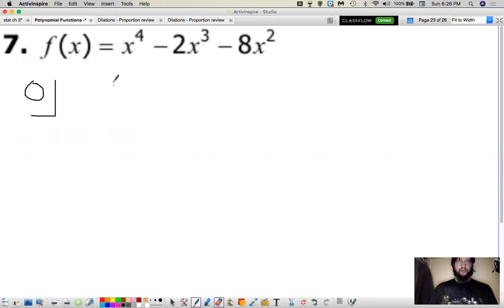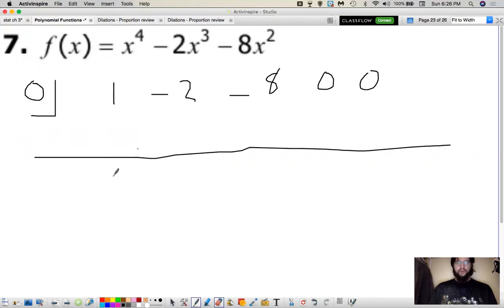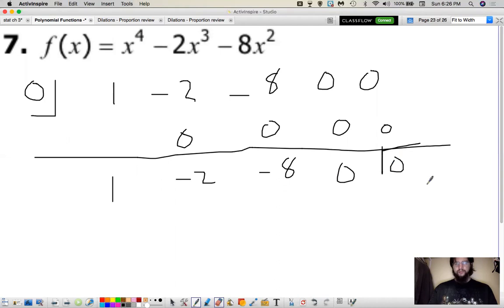So let's do that. 1, -2, -8, 0, 0. Bring it down, multiply, multiply. Okay, that's my remainder, so keep going. Let's try 0 again.